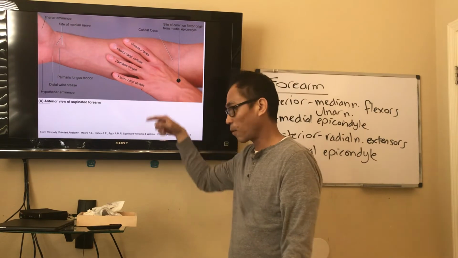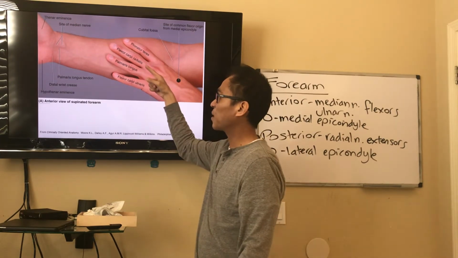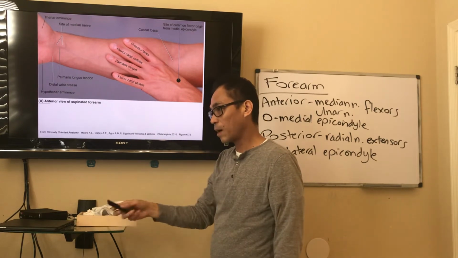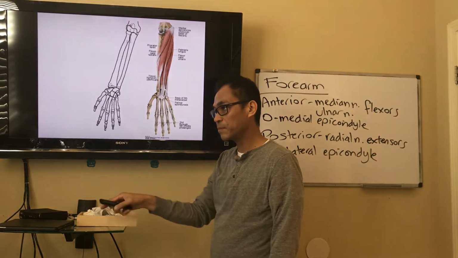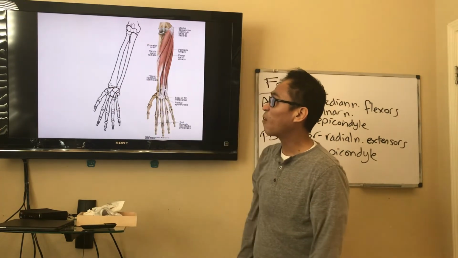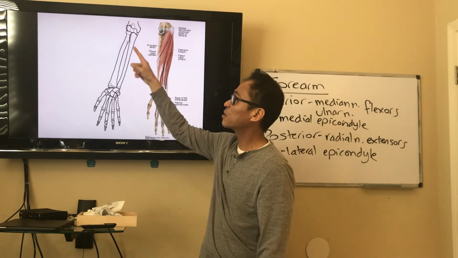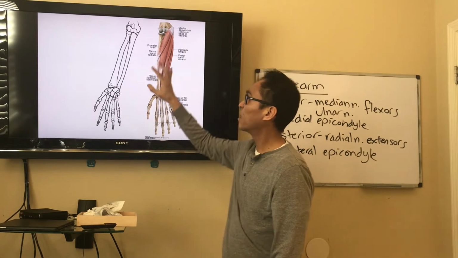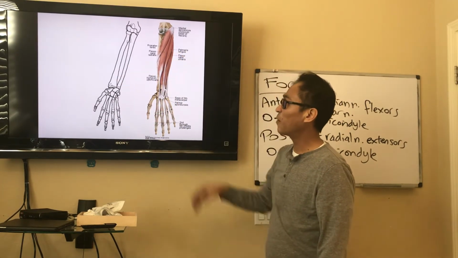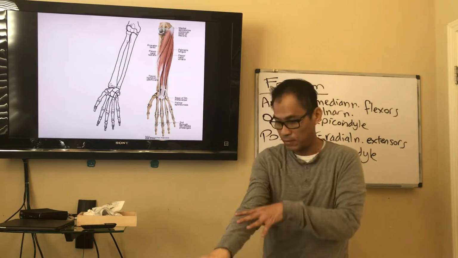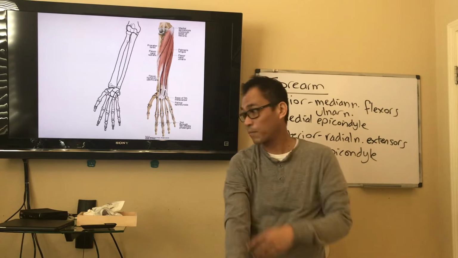Let's look at these 4: pronator teres, flexor carpi radialis, palmaris longus, flexor carpi ulnaris. Here are some pictures to learn from. We've got our skeleton outline, our humerus, radius, ulna, and all our hand bones. And here are the muscles I talked about, those 4. They just kind of lay out like that, or like that on the other arm.